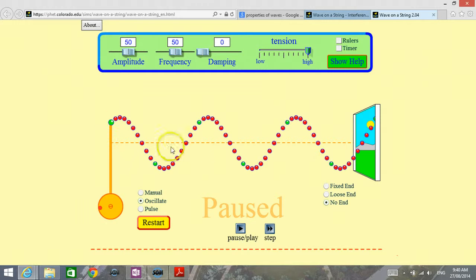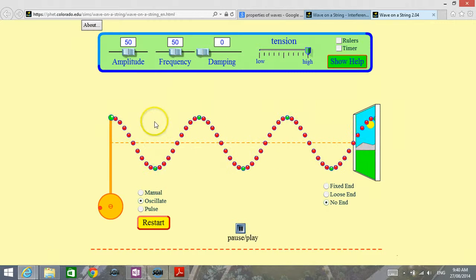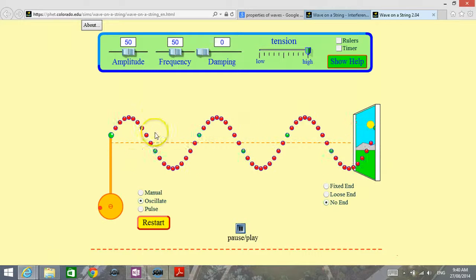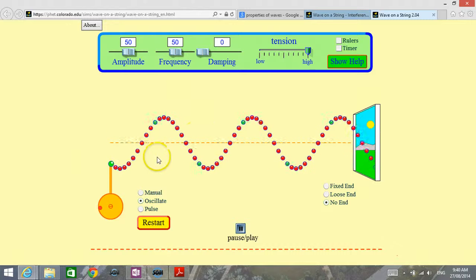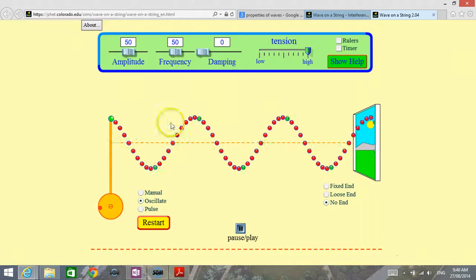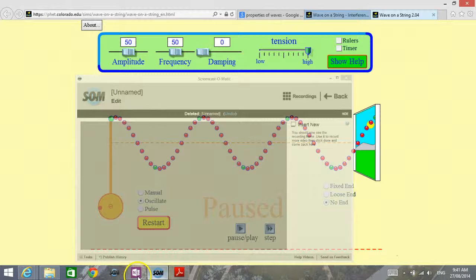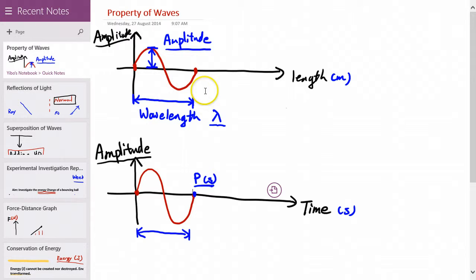For instance, if I look at this point here, when I play it, you see that the particle moves up, moves down, moves up, and moves down over a period of time. This is when we sketch the wave regarding its amplitude and time. So both graphs can be describing the same wave, but give us different information.